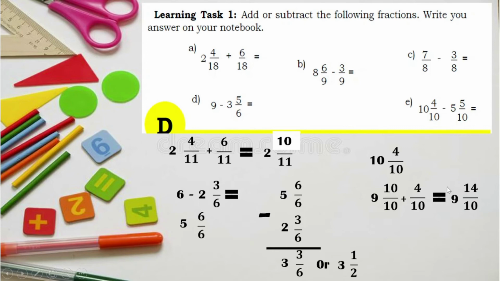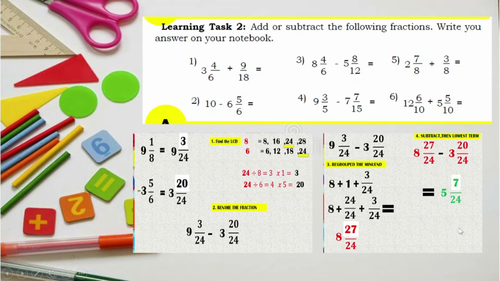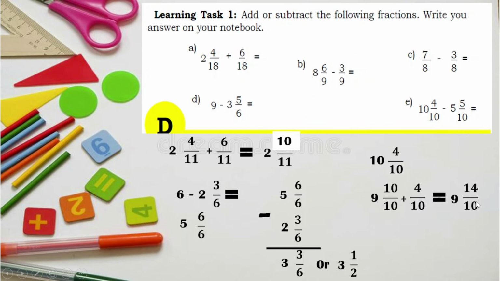So, meron na tayong new fraction na 9 and 14 over 10. So, pwede nyo na itong isubtract dito sa 5 and 5 over 10. Okay? Isulat na itong 9 and 14 over 10, then minus 5 and 5 over 10. Madali na lang po yan. Subtract nyo yung 9 sa 5.